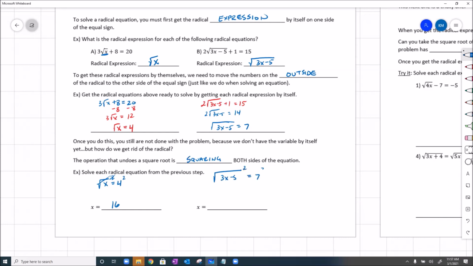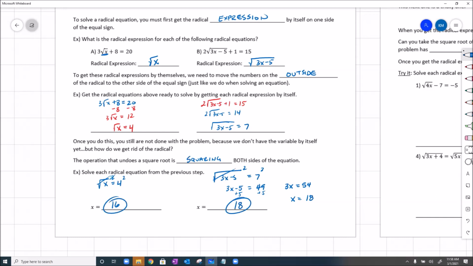We square both sides, and you'll notice on this second problem, when we square it, we're not done. We still don't have x by itself. Up here we did because x was the only thing under it. But now we don't, so we still need to solve for x. We add 5 to both sides. We get 3x equals 54. Divide by 3, and we get x equals 18.